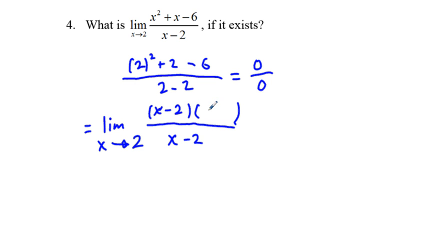And what times x minus 2 equals x squared plus x minus 6? Well, that's going to be x plus 3. And so we remove that discontinuity here, so we have the limit as x approaches 2 of x plus 3.